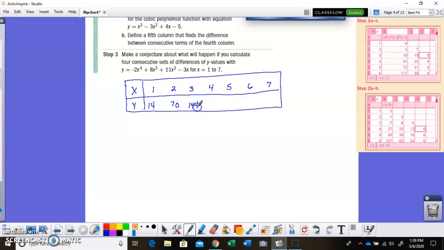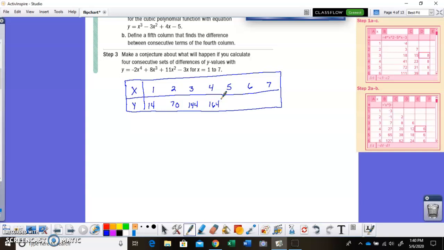Ooh, these numbers are growing fast, aren't they? So this time I'm going to substitute 4 into my function, for all my x's, and I'm getting 164.